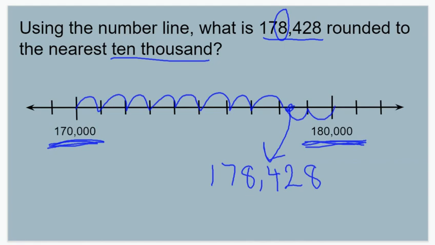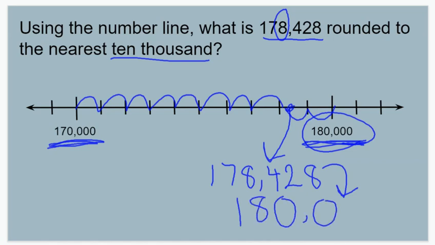When we're rounding, we want to choose the closest number. So my closest number here will be 180,000. So 178,428 rounded to the nearest 10,000 will be 180,000 because that's the closest benchmark to my number on my number line.